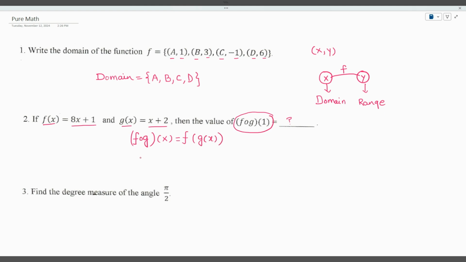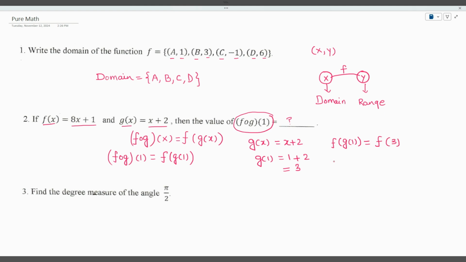So (f∘g)(1) can be written as f of g(1). First of all, you have to calculate the value of g(1), as g(x) is equal to x plus 2. So g(1) is equal to 1 plus 2, which means 3. Now f of g(1) is equal to f of, what is the value of g(1)? 3.